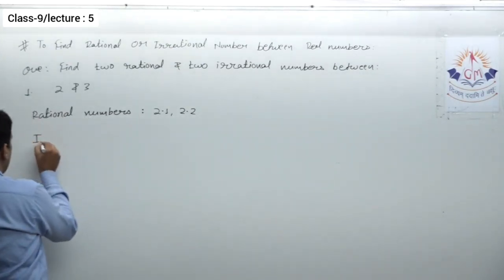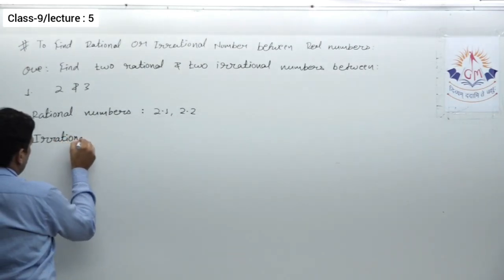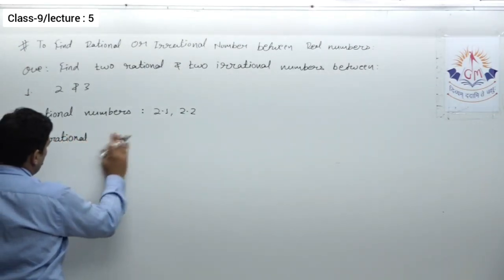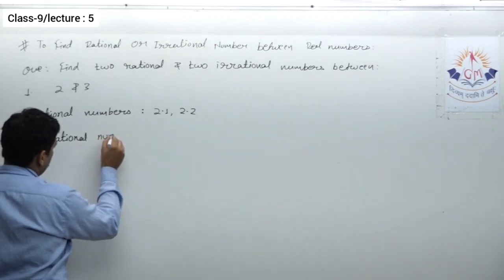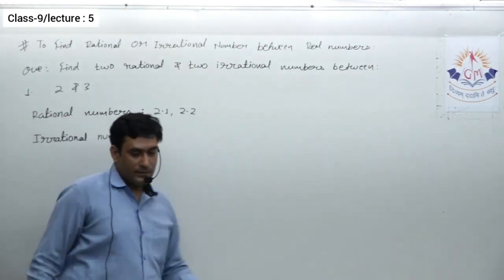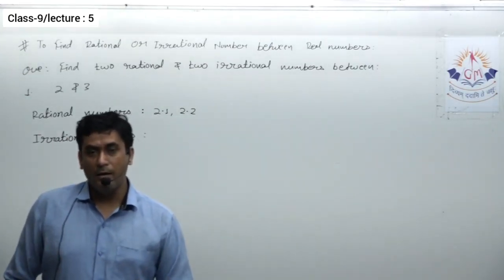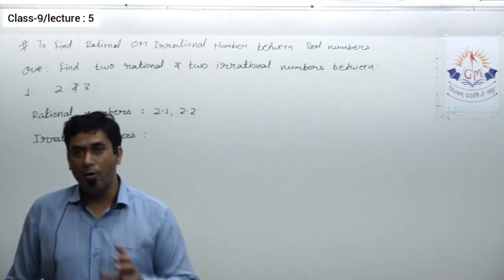Now how to write irrational numbers between these two? Okay, see, irrational numbers are numbers whose decimal expansions are non-terminating, non-repeating.